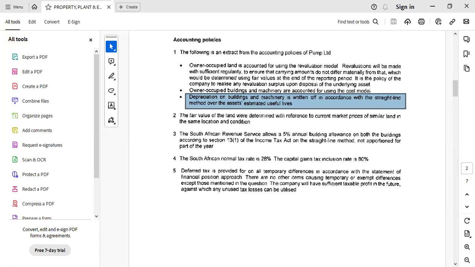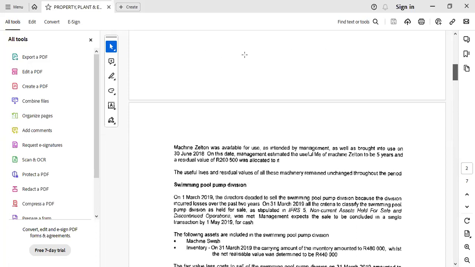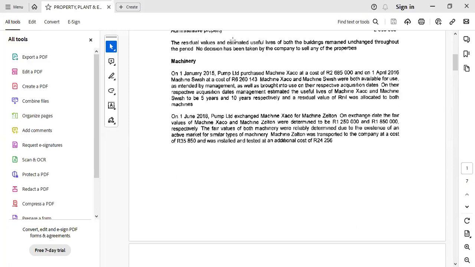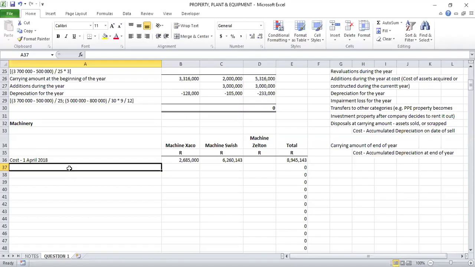Right, so that means my accumulated depreciation on 31 March 2018, which was before this year, or you can say 1 April 2018.